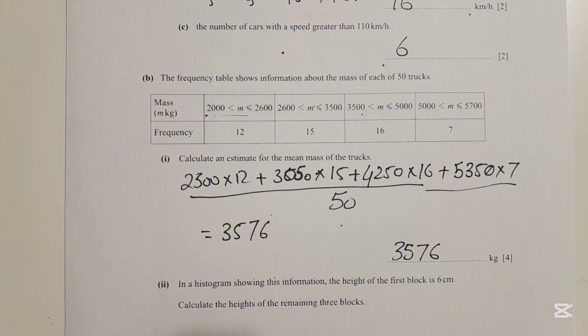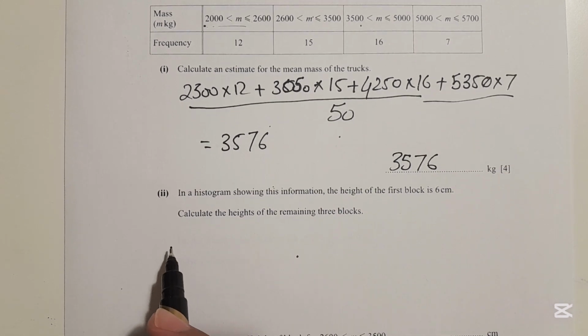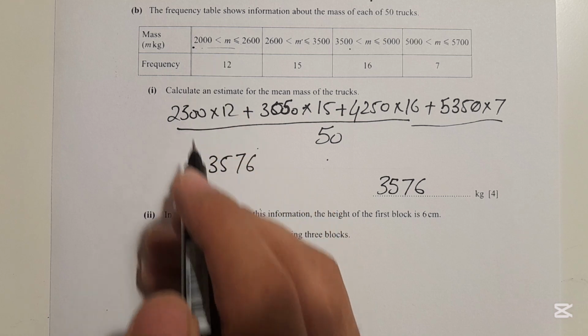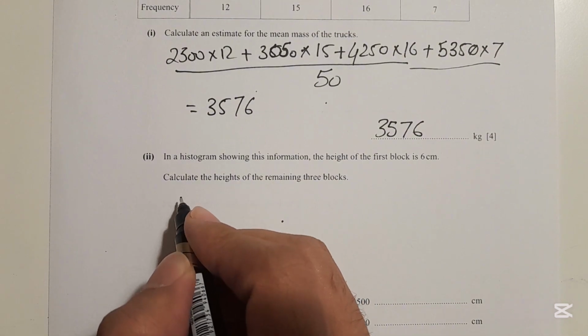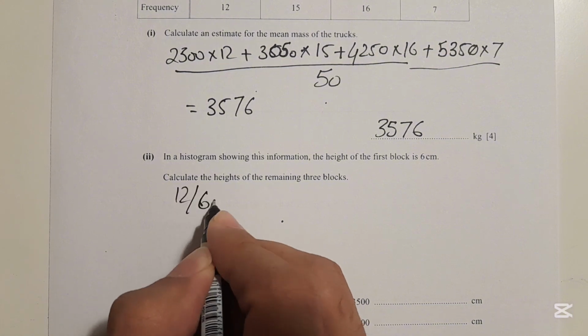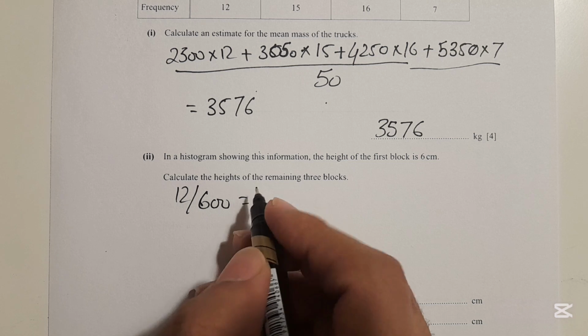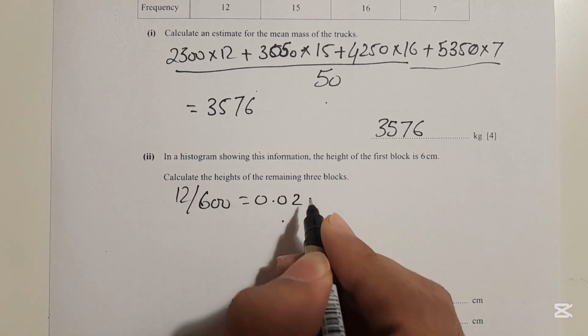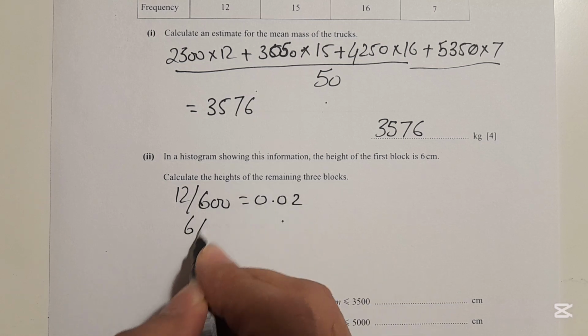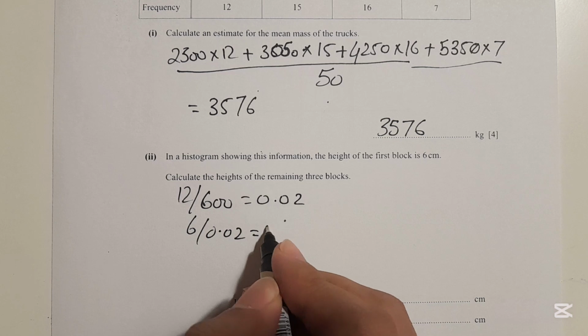Dividing 12 by 600 gives 0.02. Then 6 divided by 0.02 is 300.